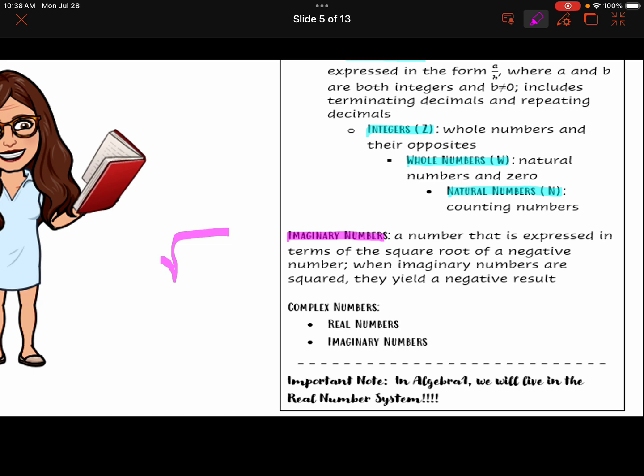We cannot square root a negative number. But an imaginary number just says the square root of -1 is this lowercase i, which stands for imaginary. And then if we square i, instead of getting a positive number, we get a -1.